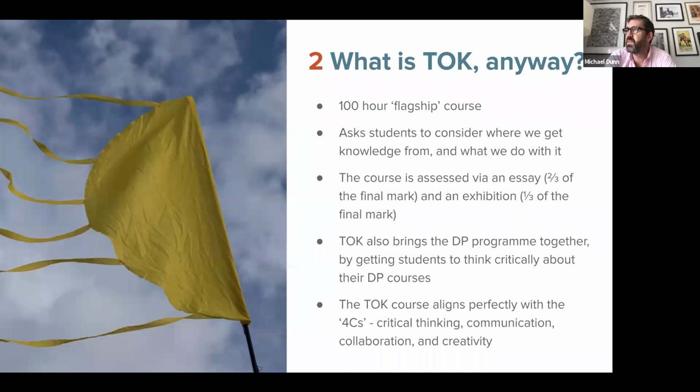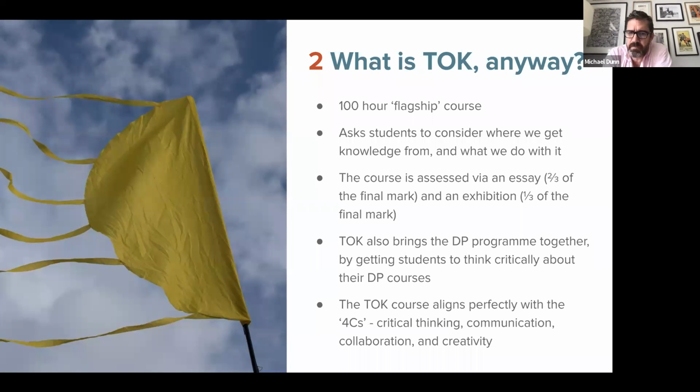It's the element of the DP that really gets discussions going, the engine room of all these discussions about what their other subjects are, the nature of their other subjects, and I'm always very keen to send my students off to discuss things that they've been doing with me in their other subjects.